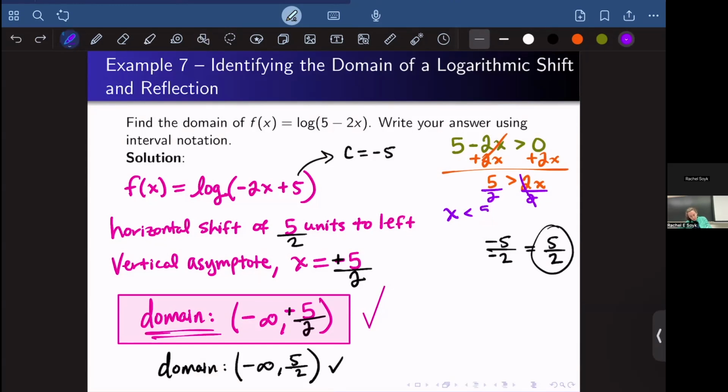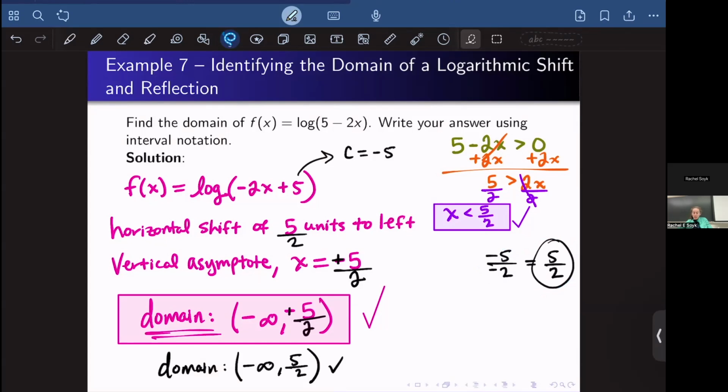And so that's your domain, which checks out: -infinity up to 5/2, not including 5/2. So two different ways to go about analyzing domain. The algebraic way is definitely a lot more efficient, but it's good to understand it from the visual standpoint, utilizing your knowledge of transformations as well.